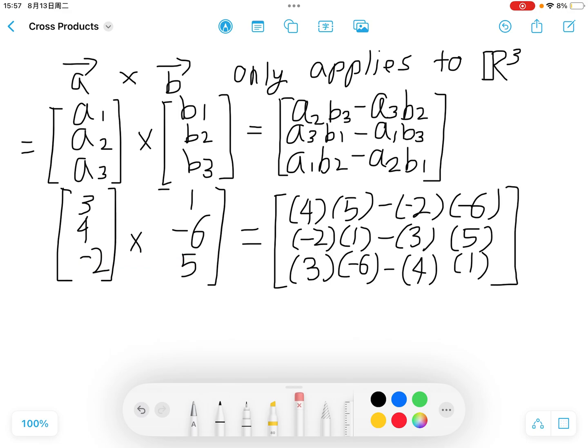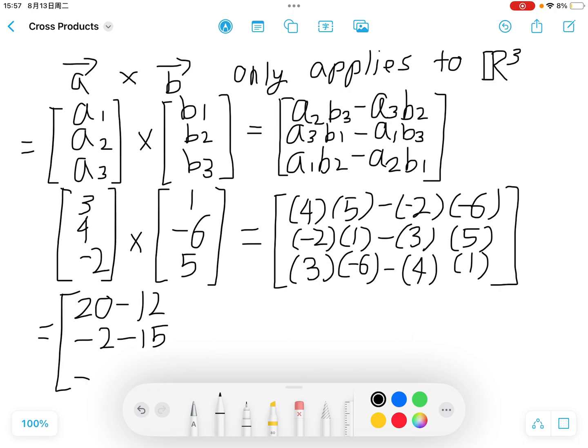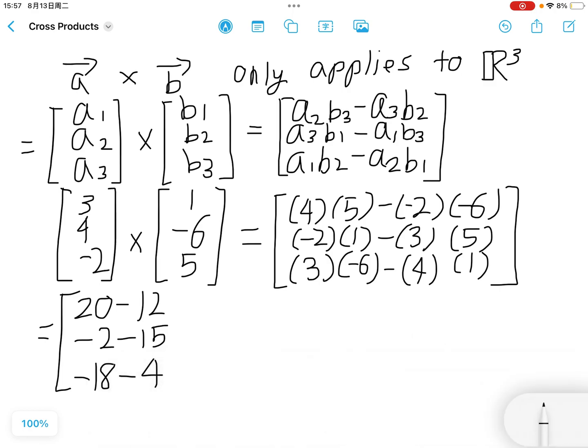So let's just evaluate that, so we get 3 real numbers, not these brackets multiplied together. If we evaluate this, we have 20 minus 12, negative 2 minus 15, negative 18 minus 4.